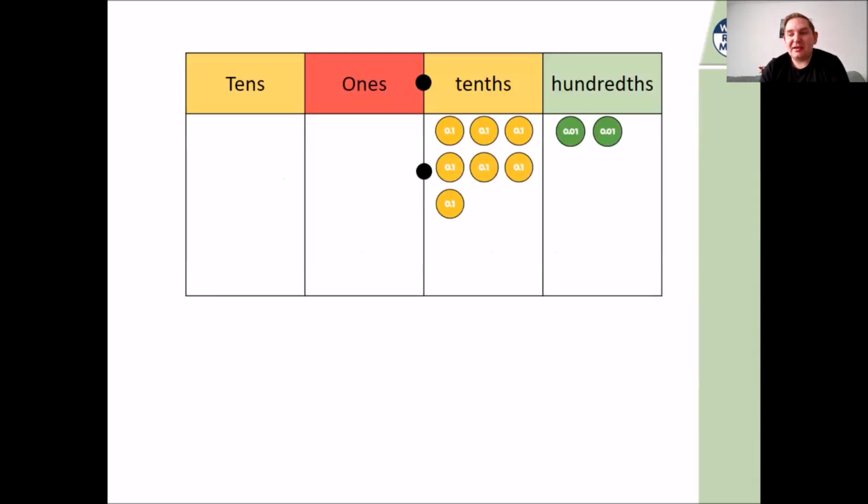Okay, we know that decimal numbers are part of a whole number, just like fractions. We show decimals with a decimal point like this to separate the whole numbers and the part numbers.